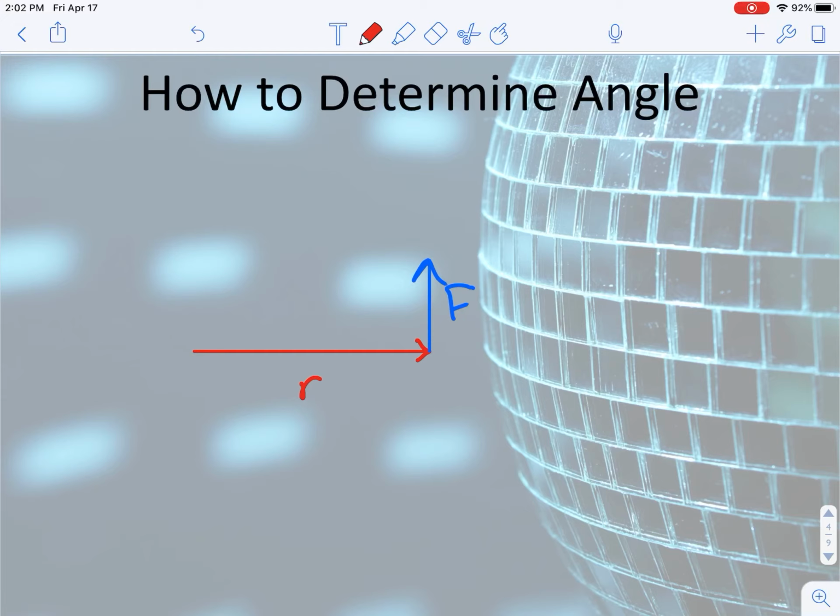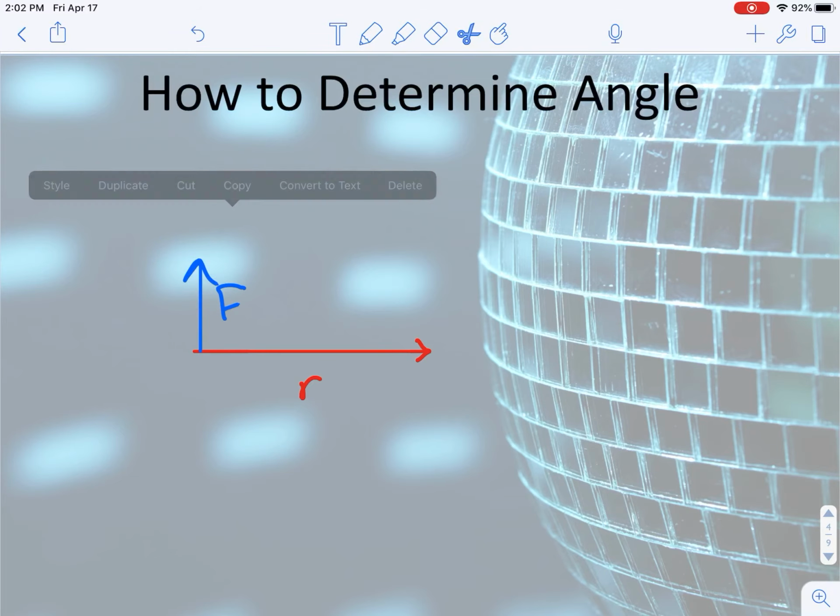Unfortunately, this is not how you determine the angle between R and F. To find the angle between R and F, you actually have to move them so that they are touching tail to tail, and now you look at the angle between them. And in this case, you get an angle of 90 degrees, which ends up producing maximum torque.